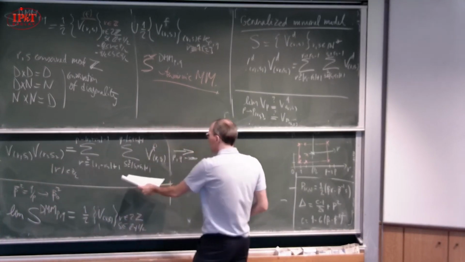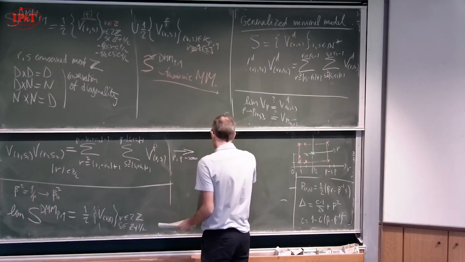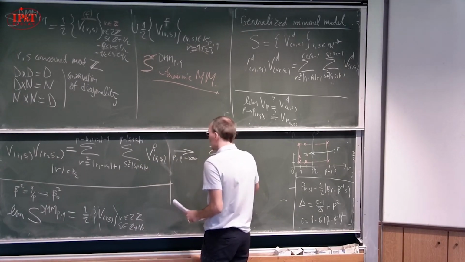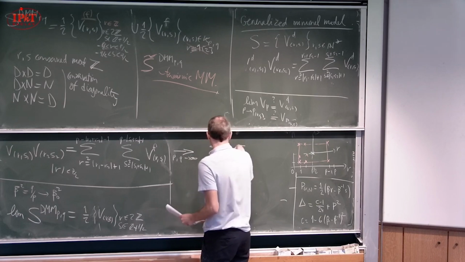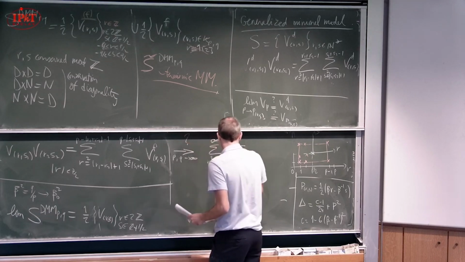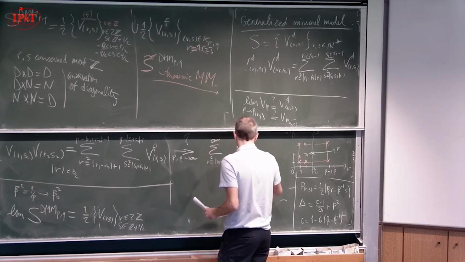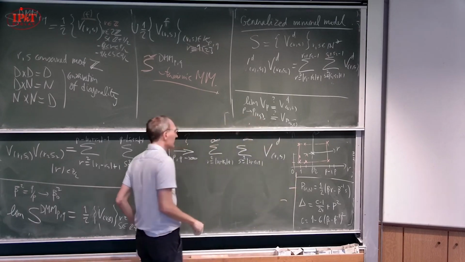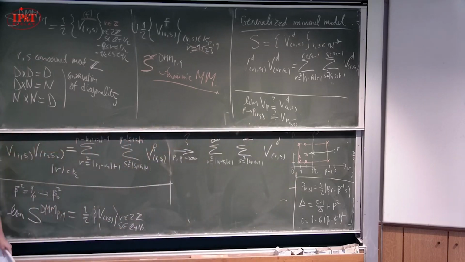In the limit, it seems I'm just getting rid of the upper bounds, and I get this discrete spectrum. Okay, so that's the naive limit.